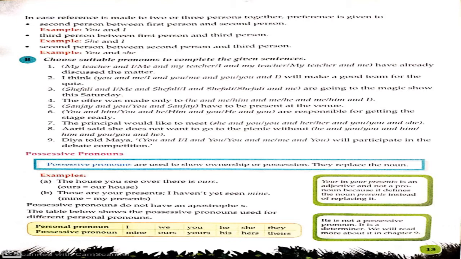Choose suitable pronouns to complete the given sentence. The question is, my teacher and I, me and my teacher, I and my teacher, my teacher and me have already discussed the matter.